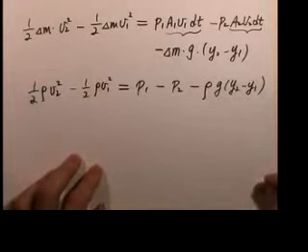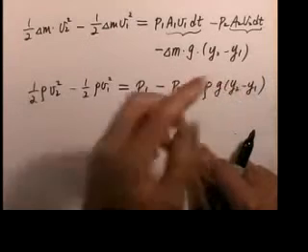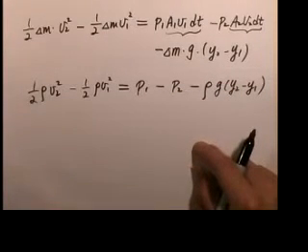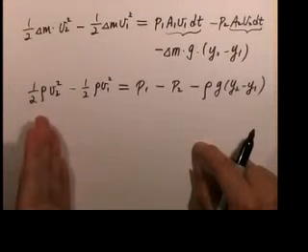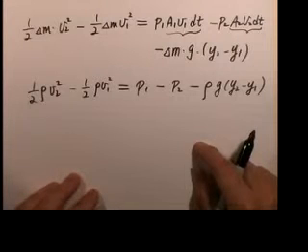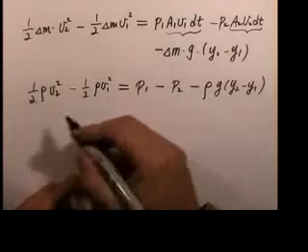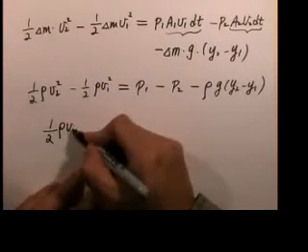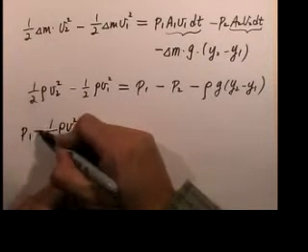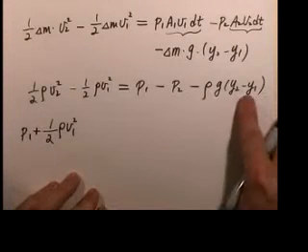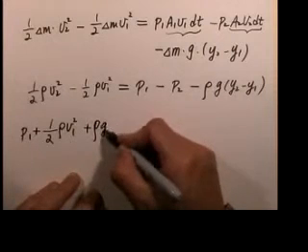Okay, we're almost there. You have terms depending on point 2, point 1, point 1, point 2, point 2, point 1. It's a mess. What I want to do is move all the terms belonging to point 1 to one side, and all the terms belonging to point 2 to the other side. You move this to that side, that is 1/2 rho v1 squared, and there's a P1, of course. What else? There is a negative rho g times negative y1, so that's plus rho g y1.